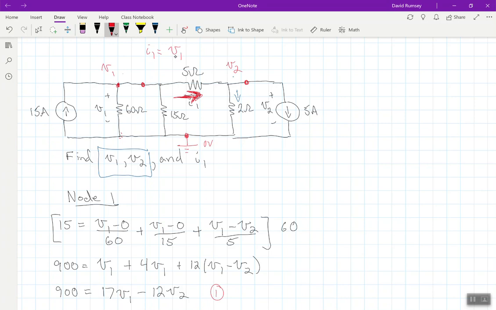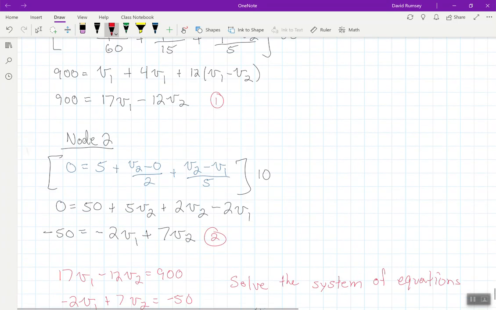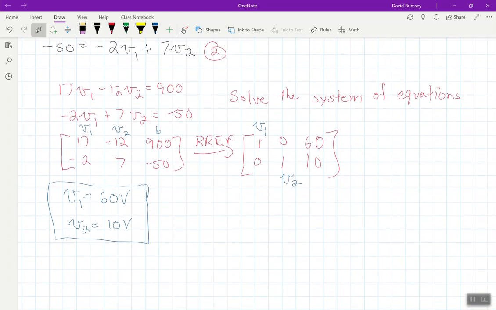It's originating at the V1 node, and it's going to the V2 node divided by 5. And so to get I1 then, it would be 60 minus 10 over 5, which gets me 10 amps. And so we found everything that the question asked me to.